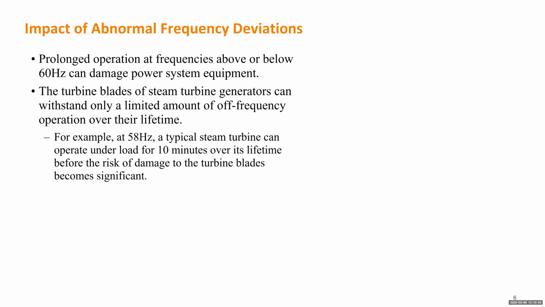For example, if the system is at 58 hertz temporarily, a typical steam turbine can operate under load for 10 minutes over its lifetime. So if the frequency stays at 58 hertz, this turbine will be done after 10 minutes.